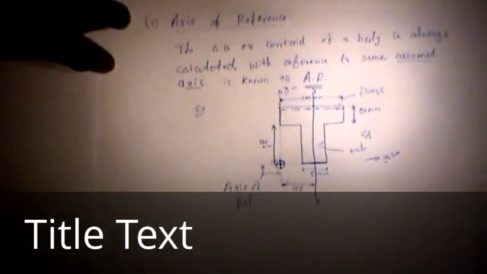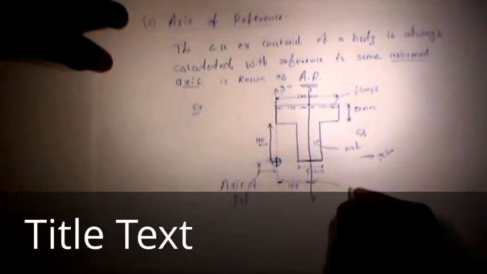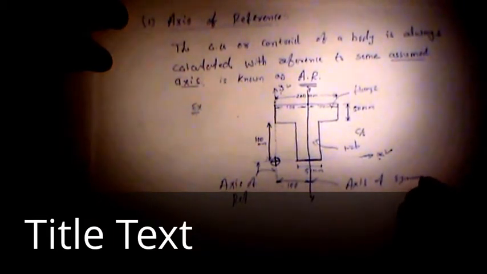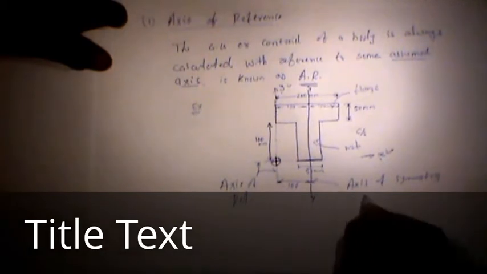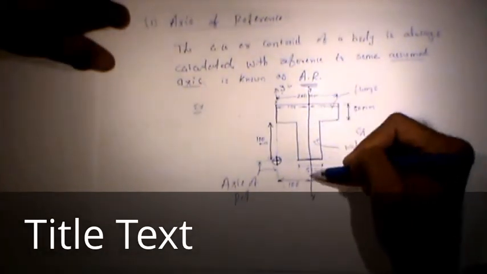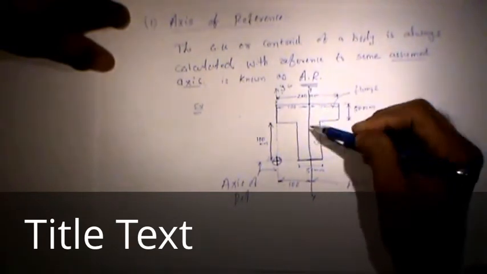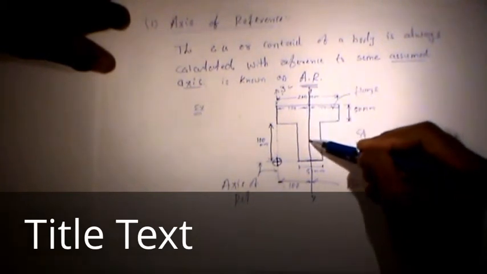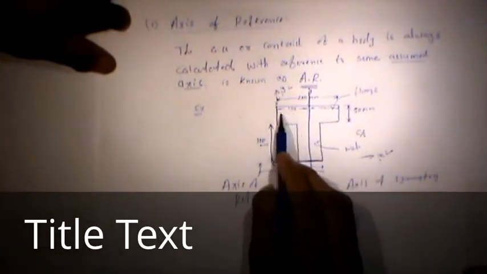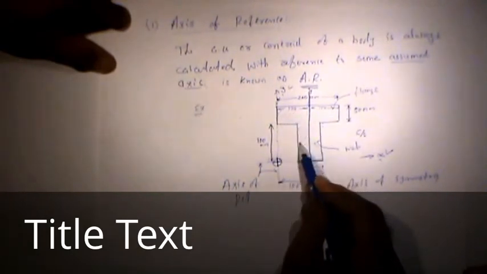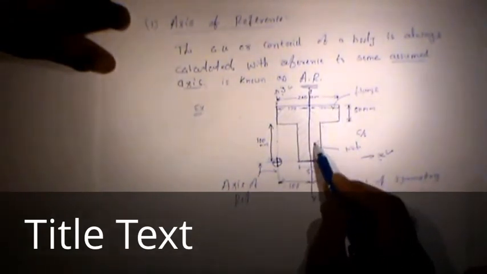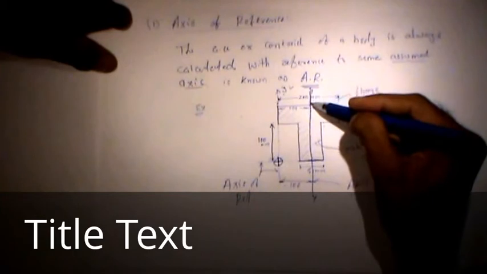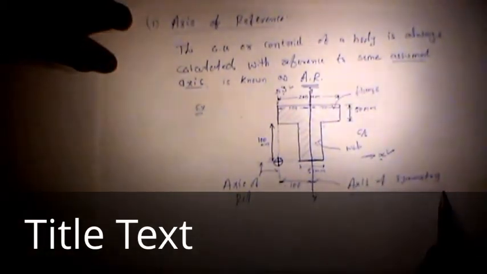Now we also have another concept called the axis of symmetry. If you cut this section with reference to this y-axis and observe the two segments, both are mirrors. It means this T-beam is symmetrical along this axis, so that is known as the axis of symmetry.